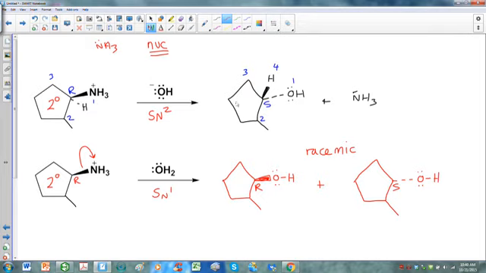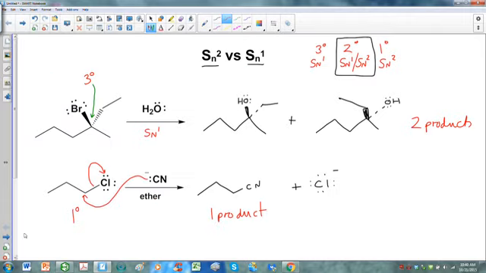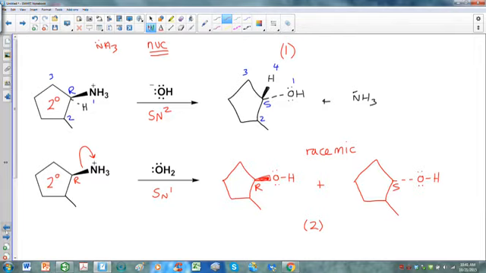So that's how you can predict products of substitution reactions, whether they are proceeding via SN2 or SN1. The key is tertiary substrates proceed exclusively via SN1, primary substrates proceed exclusively by SN2, secondary substrates proceed by either, depending on the nucleophile.